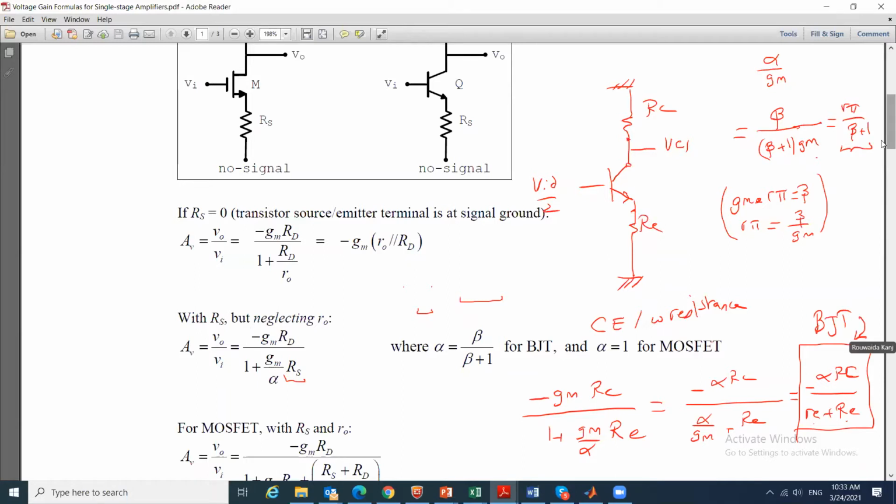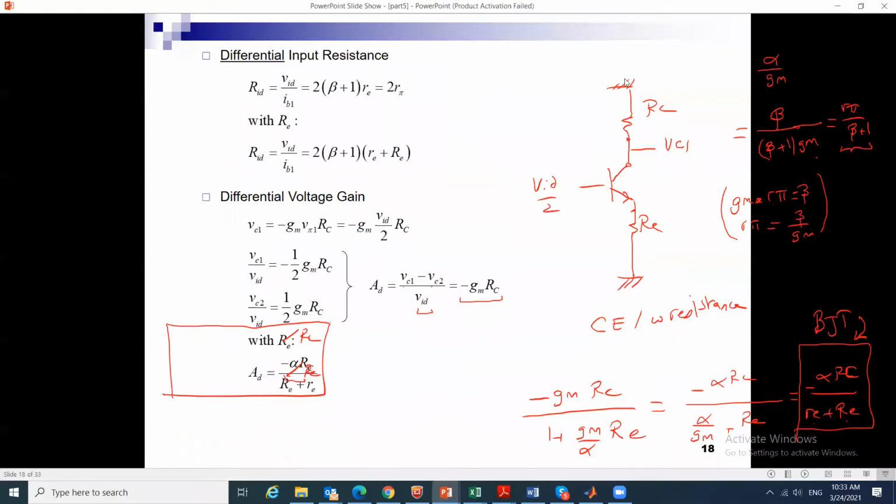If you took this and plugged in RC and RE here, it would have been the same. So this equation that is presented here is really what they have presented for me. They are telling me that if I have my circuit with RC and RE here, the differential gain is going to be minus alpha RC over RE plus RE.